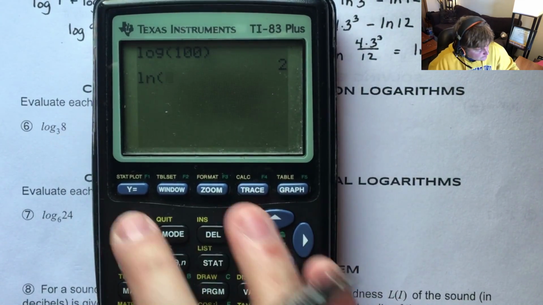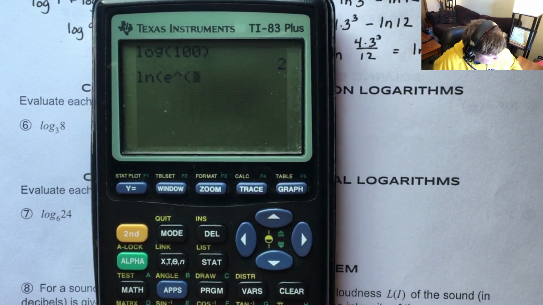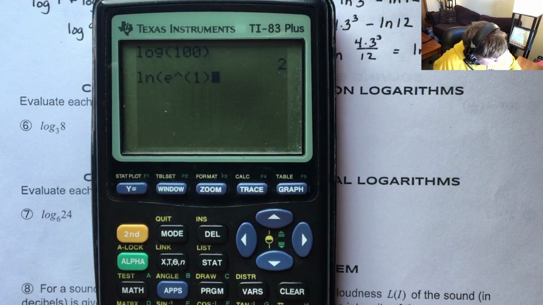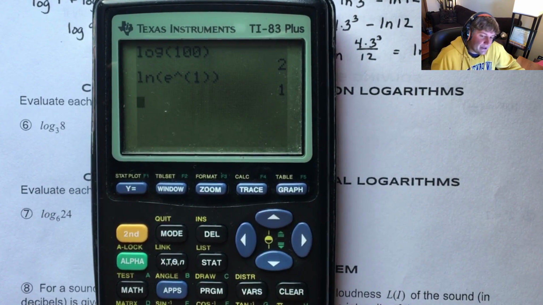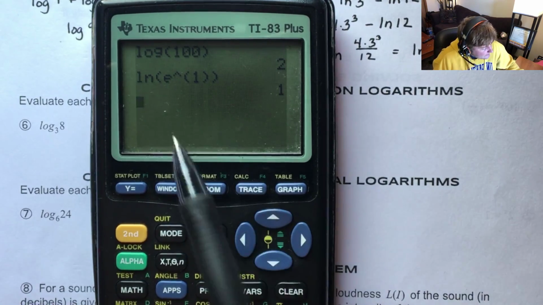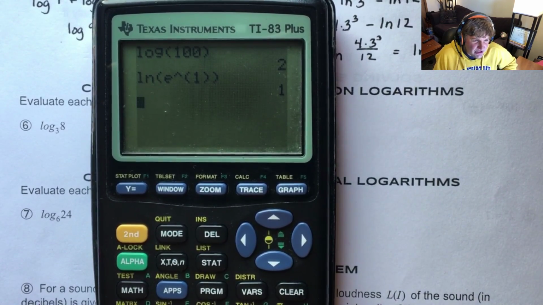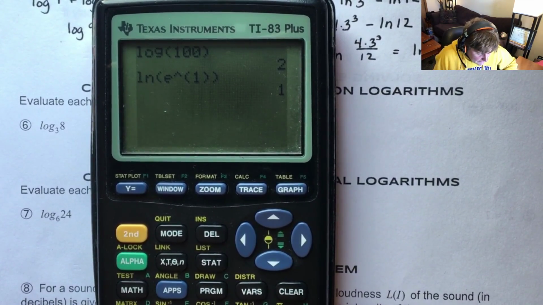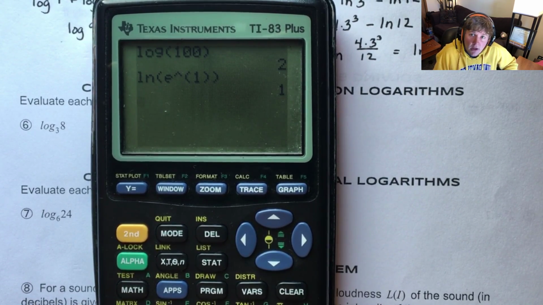Okay, so if I go natural log of e, that should just give me 1. It's just the natural log. It uses base e. So there's not really a nice way to have logarithms in your calculator that aren't base 10 and that are not base e.